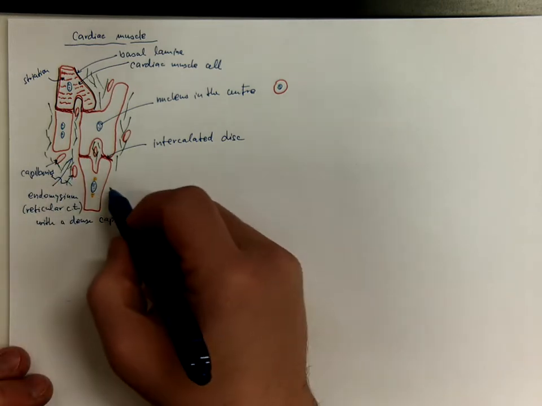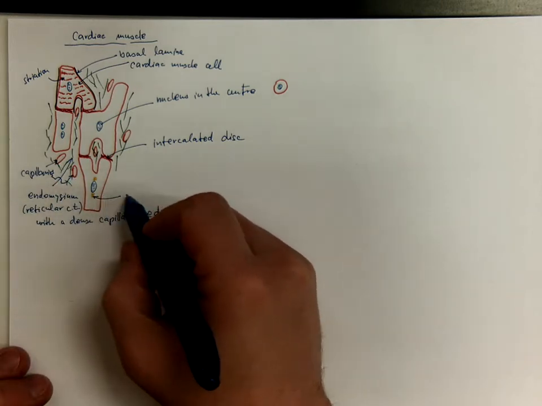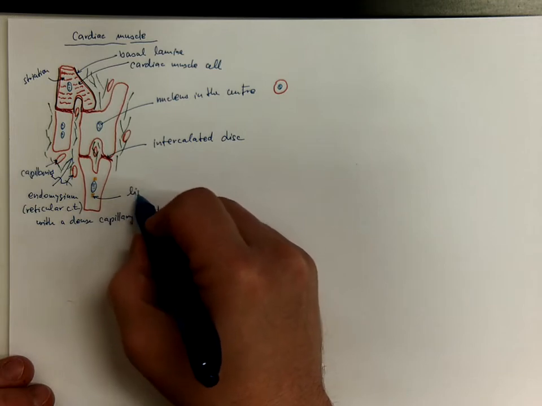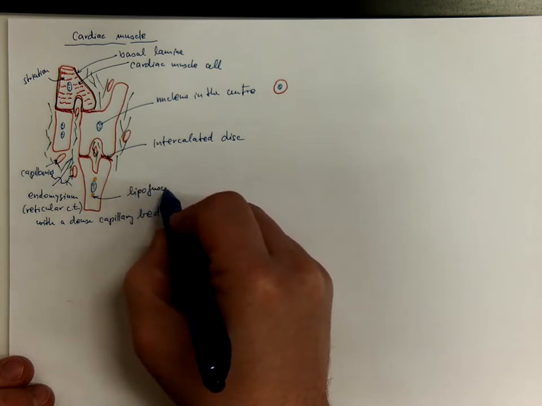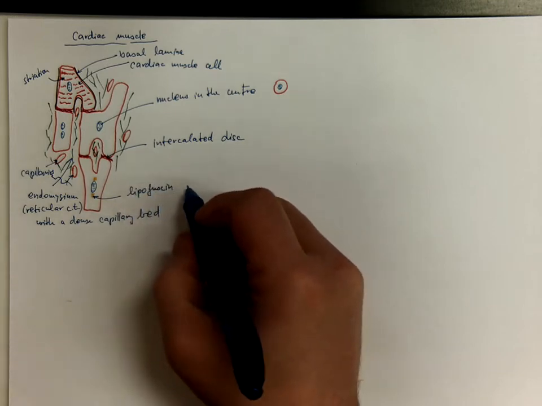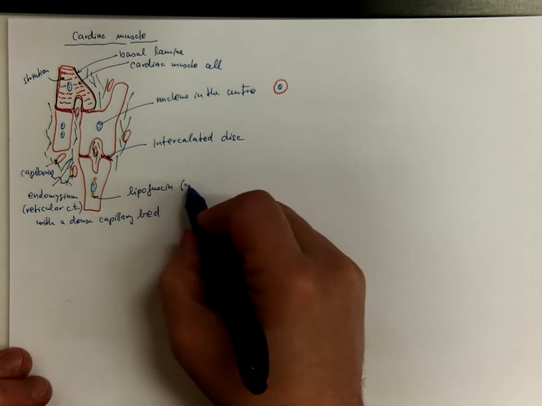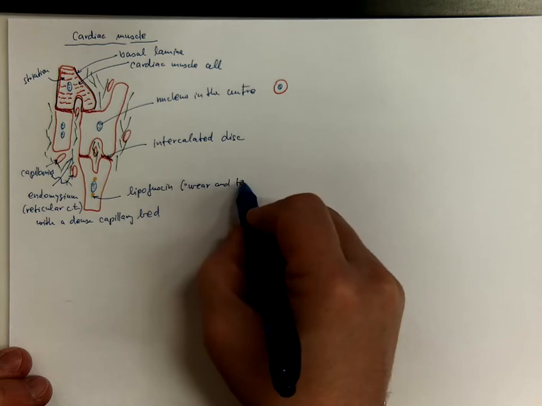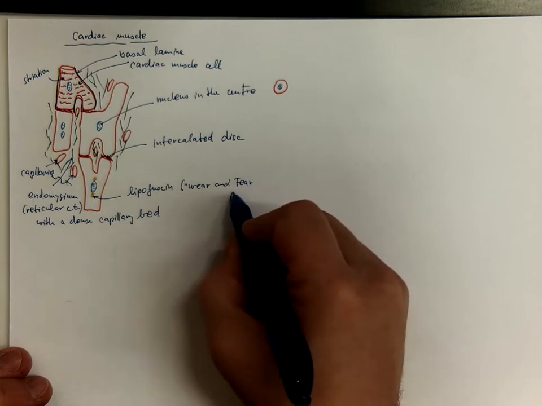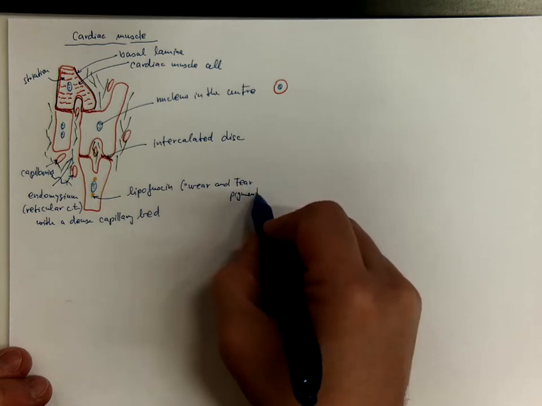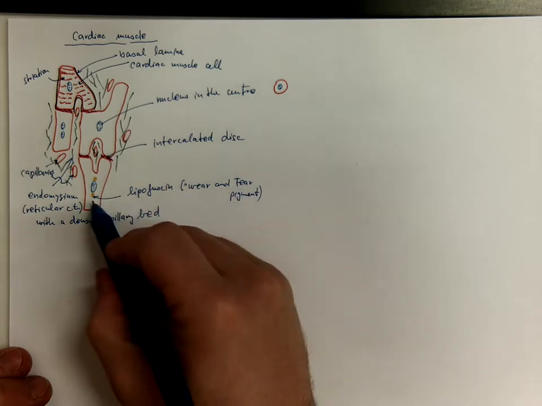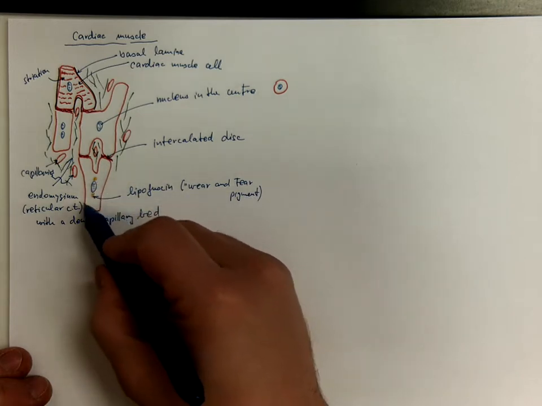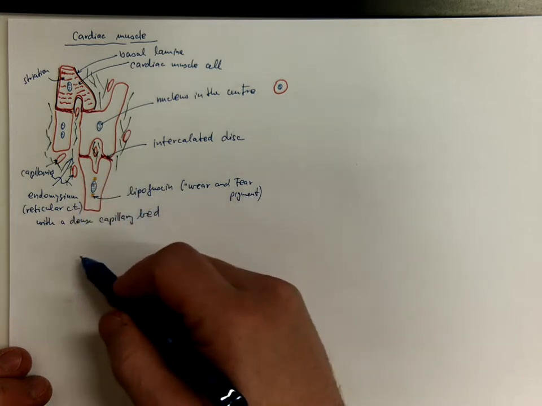Okay, and this pigment is called lipofuscin. It accumulates during aging. It's also called wear and tear pigment. It's a product of an imperfect recycling of cell organelles.